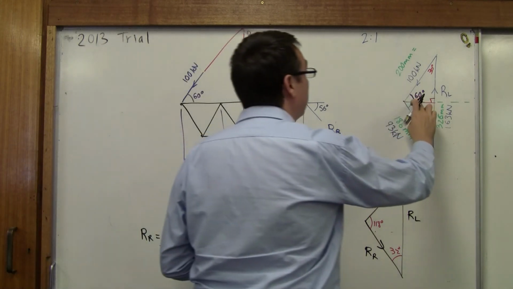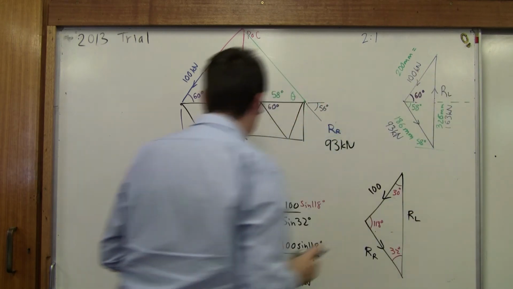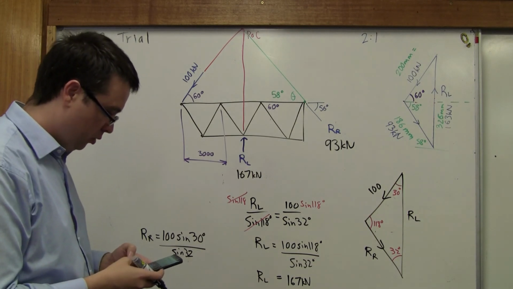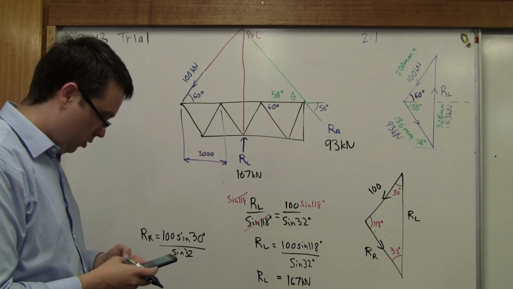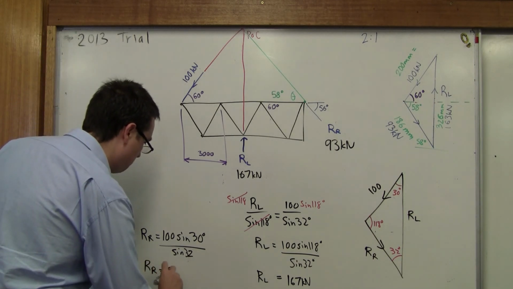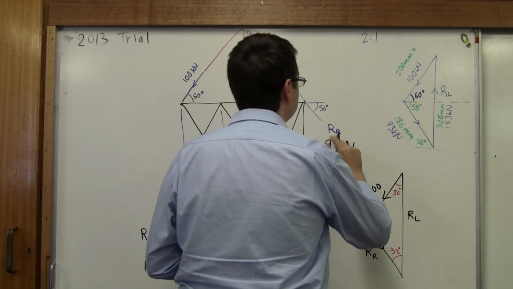I'm just going to remove that line because I don't think that makes life easier. Okay. 100 sine 30 equals 50. Sine 32 equals 94. And that's 1 Newton off.